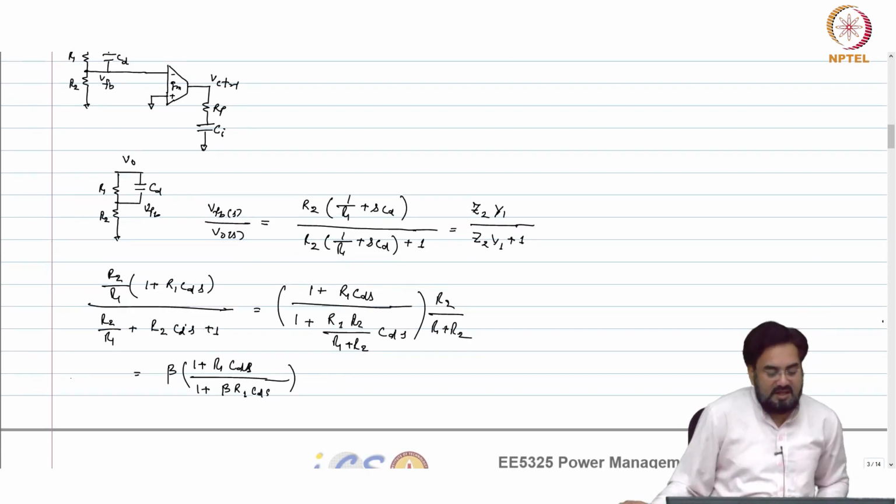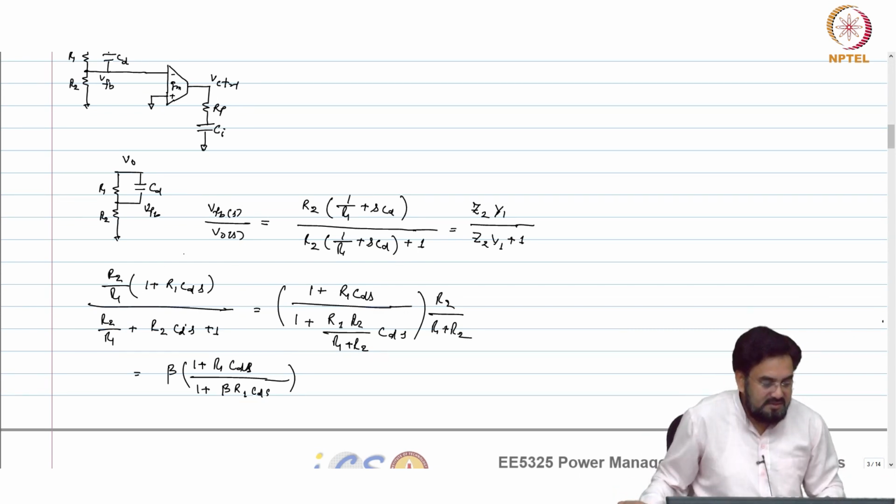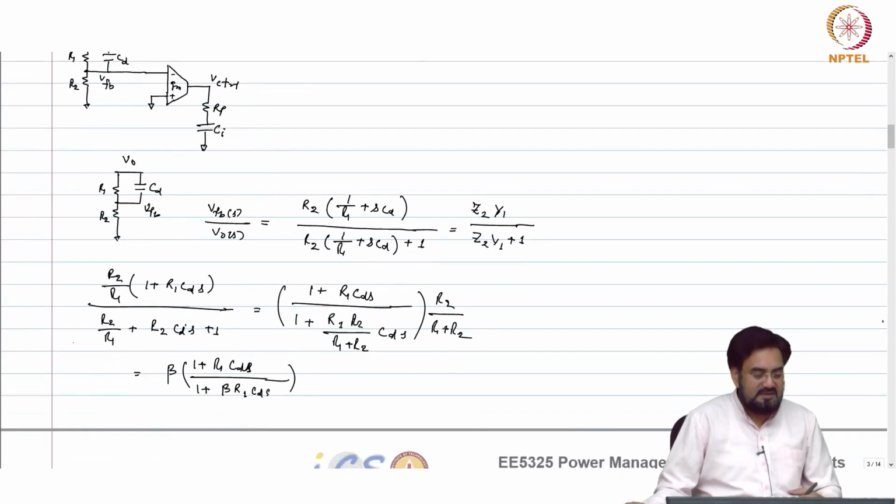So you have a 0 at 1 over R1 CD, which is same as your op amp case, but you have a pole which is appearing at beta R1 CDS.